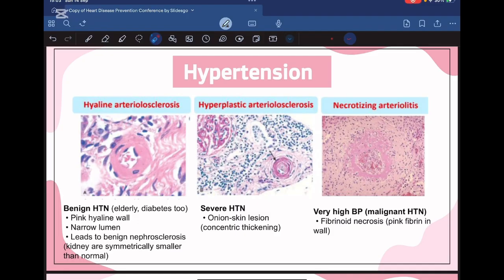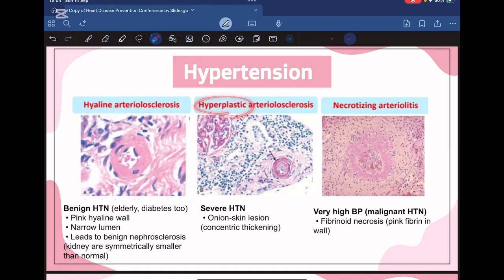If they are generous in the question, they will give you an extra keyword, because hyaline arteriosclerosis leads to benign nephrosclerosis, where the blood vessels of the kidneys get smaller. Both kidneys symmetrically get smaller and smaller. This is a keyword you will find in the question if they are generous. Even in the picture you can see a pink hyaline wall. So hyaline arteriosclerosis, from the name.